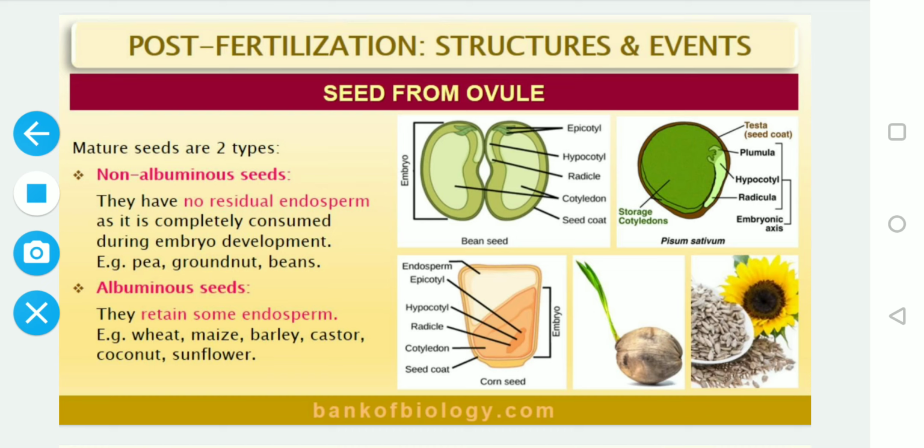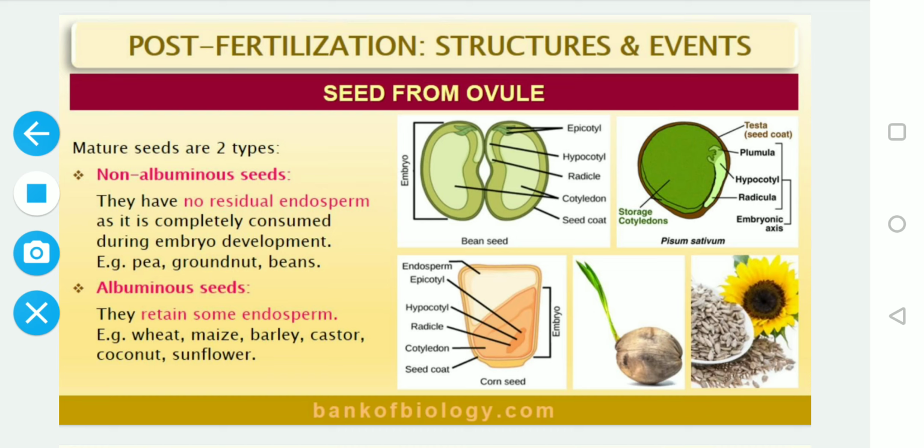We can give a number of examples. The pulses are the best examples, like pea, groundnut and beans, which can be given as examples for the non-albuminous. In case of the albuminous, they retain. That means, yes, the albumin or the endosperm is present. Even after the developmental stages, they retain some endosperm.